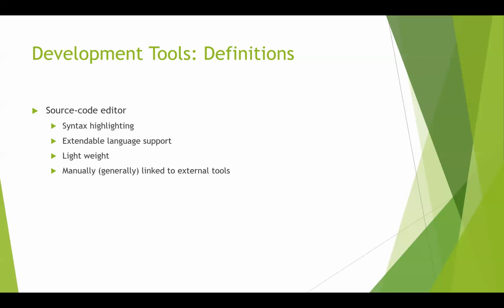The last thing that you want to remember when it comes to source code editors is that their primary focus is supposed to be on editing code. And so any additional tools, for instance, like a debugger or a file manager, will generally have to be linked via an external mechanism. Now, that's not necessarily a bad thing, but you just want to be aware of that.